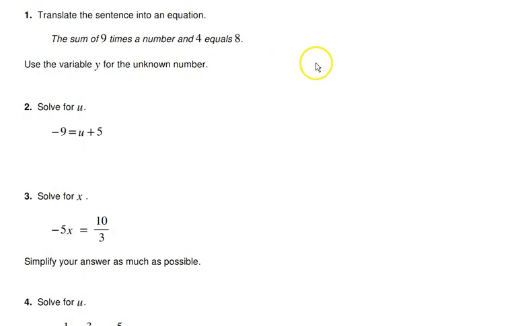So over here, you want to write that answer, and they're asking you to use the letter Y. So we would write 9 times Y. 9 times the number, the unknown number is Y, and indicates addition, equals 8.